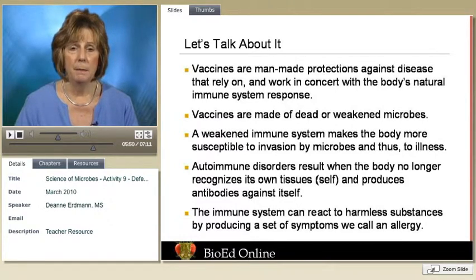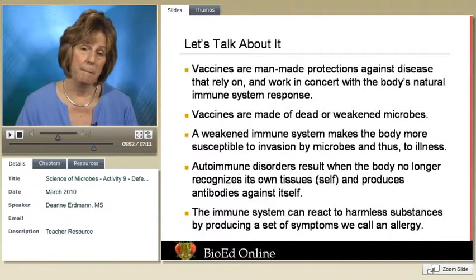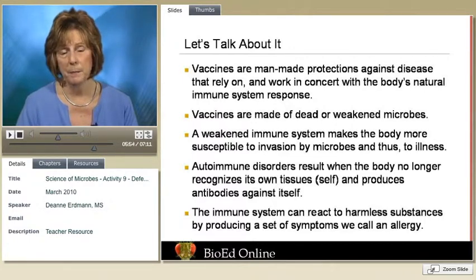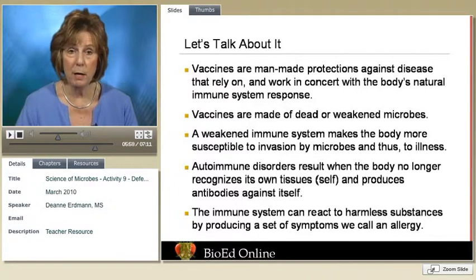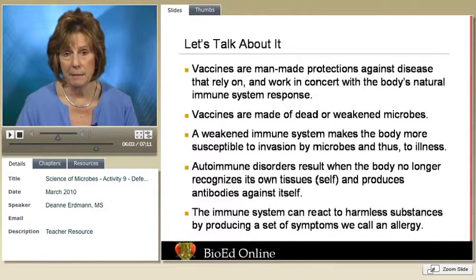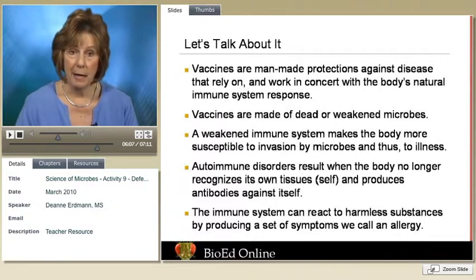It may be coughing, producing a lot of mucus, trying to trap these different supposed microbes. But in some cases, our body is just overactive. It has an overactive immune system, and those are the kinds of things that we call allergies.